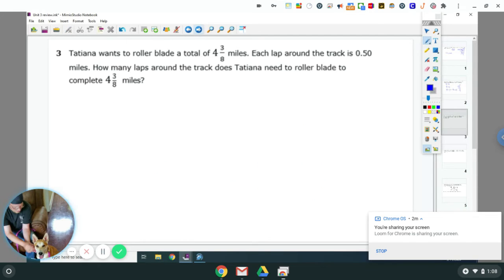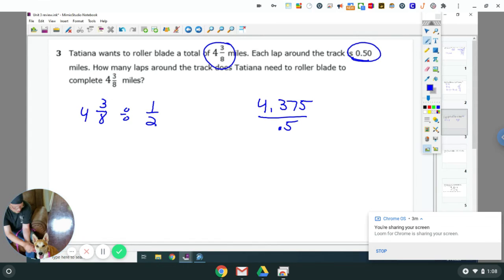All right, number 3. Tatiana wants to rollerblade a total of 4 3/8 miles. Each lap around the track is half a mile. How many laps around the track does Tatiana need to rollerblade to complete 4 3/8? So we need to divide, and there are 2 ways you can do this. You can divide 4 3/8 by 1/2, or you can change this to a decimal, which would be 4.375 divided by 1/2.